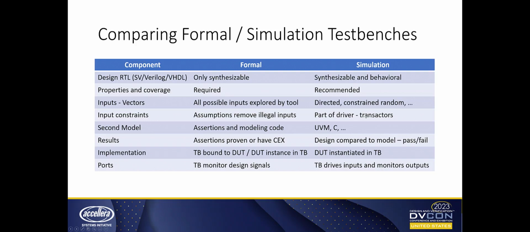And simulation, it's very specific with the transactors. The second model in formal, of course, is the properties, the assertions, and the modeling code. And then you have some kind of second model in the test bench, so C model, UVM, etc. With formal, your property or assertion is proven or has a counterexample. With simulation, the test bench is a pass or fail type of mechanism, and properties are also pass and fail.